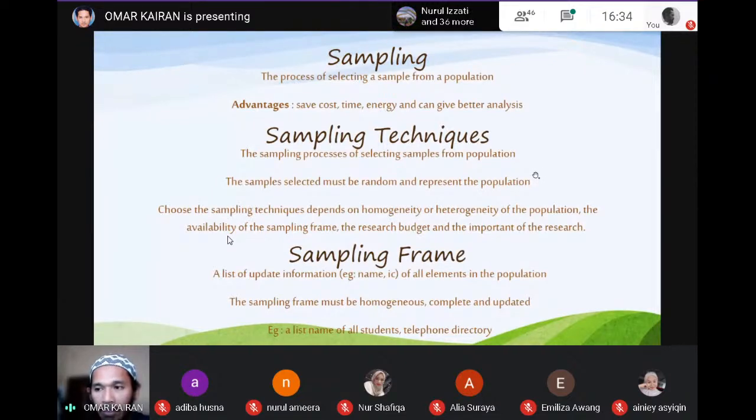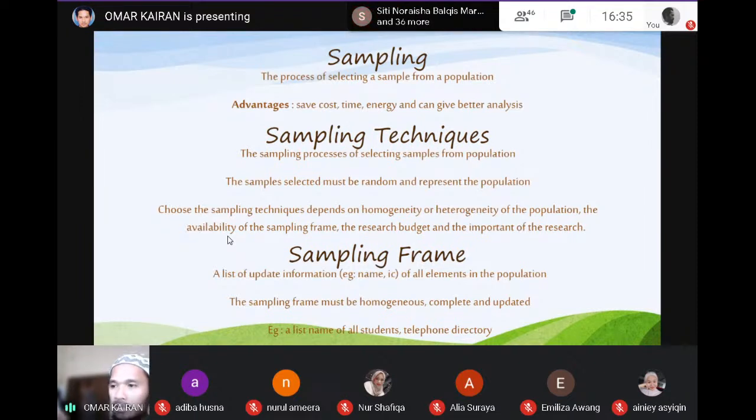For example, we want to analyze the population from maybe our respondents, contohnya askar, kita nak kaji berkaitan dengan masalah-masalah askar, contohnya army.